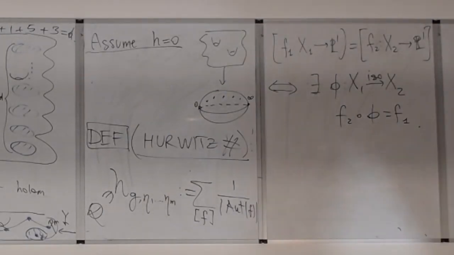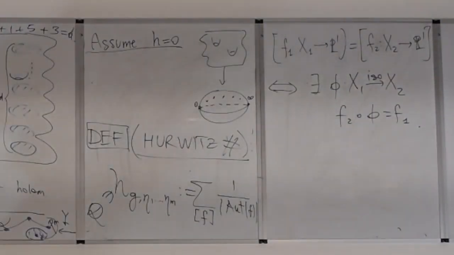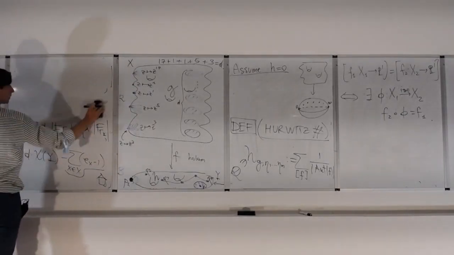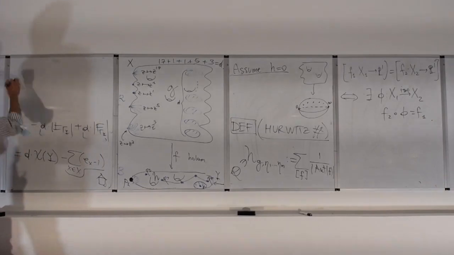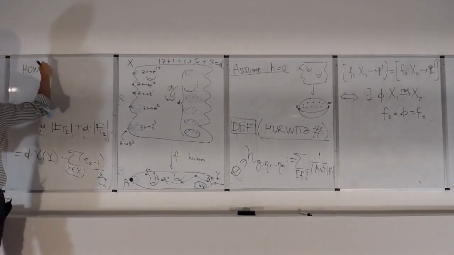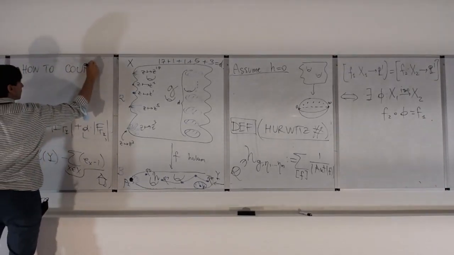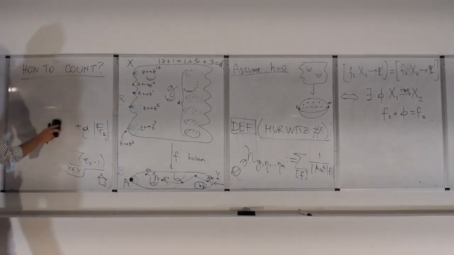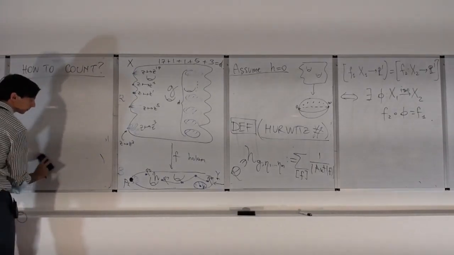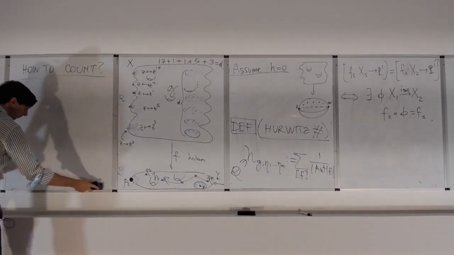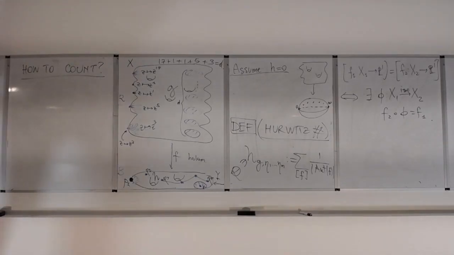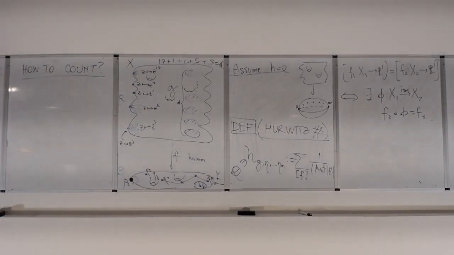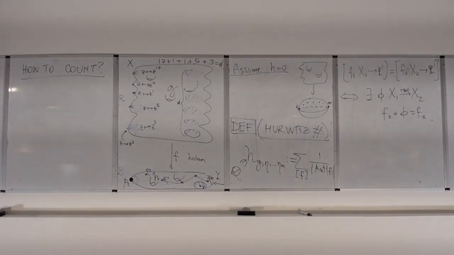Okay. So how to count them? Yeah. Ramification points, they are not labeled, are they? No. Okay. They are not labeled.